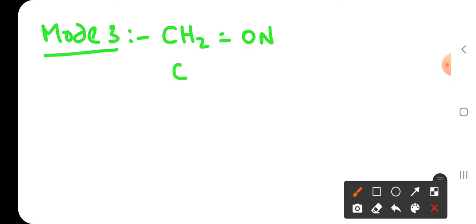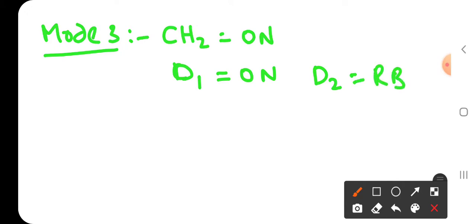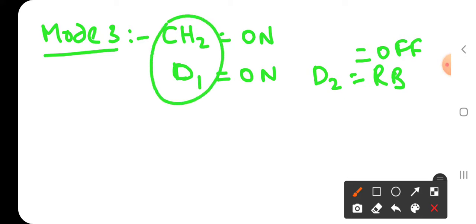So then D1 remains on, and D2 will be reverse biased. It is off. Then how will the current flow? See, CH2 and D1. How will the current flow?